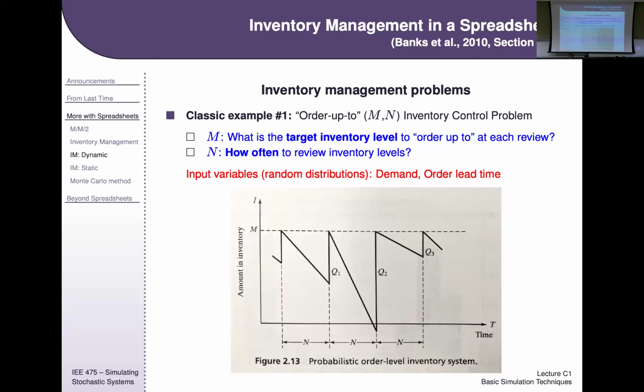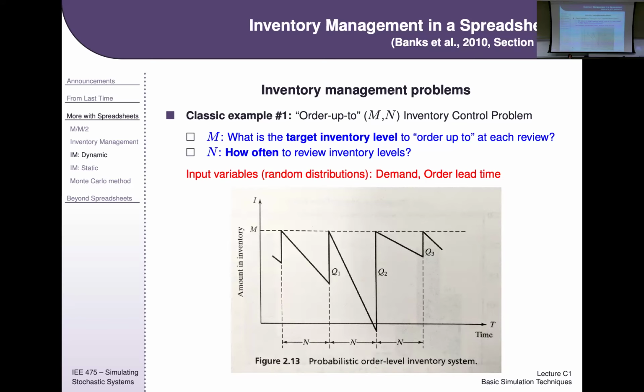So the idea here is that there is a target level, and every inventory renewal period, you look at how much is currently in your inventory and you order enough to bring yourself back up to that level. So N has to do with how long it is between those periods or between those orders. So the idea here is like every day you check your inventory. In the beginning of the day, you say, how many refrigerators do we have?